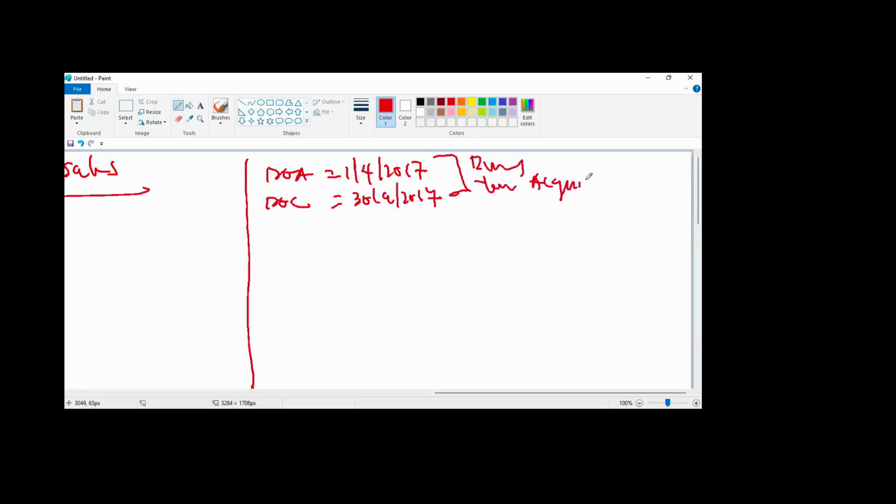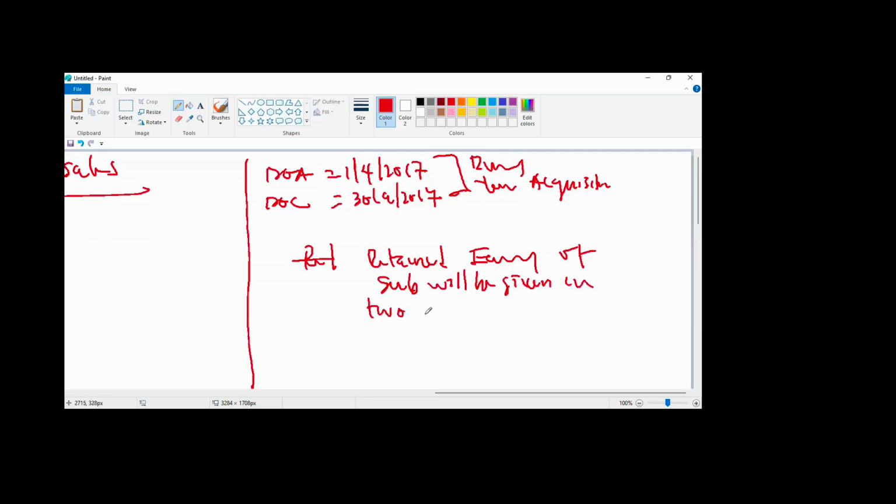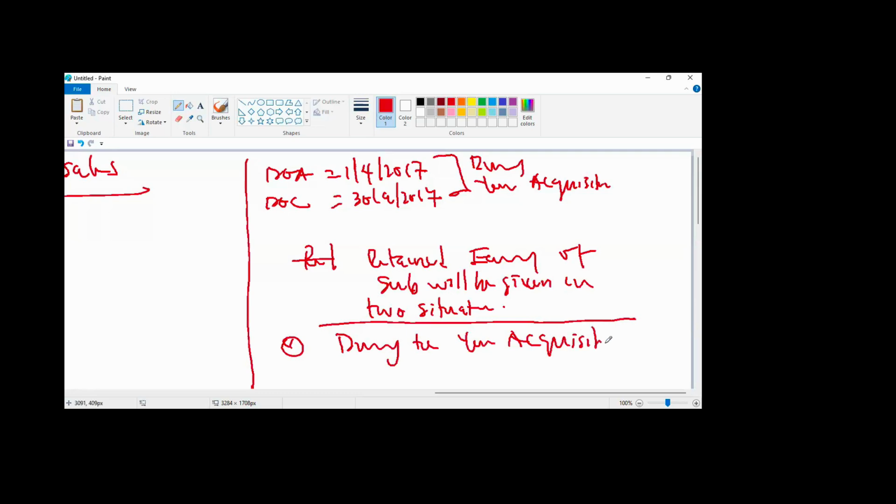How many months account this during the year? Acquisition. Don't forget, retained earnings of subsidiary will not be given in two situations. One, during the year of acquisition, when acquisition is less than 12 months.